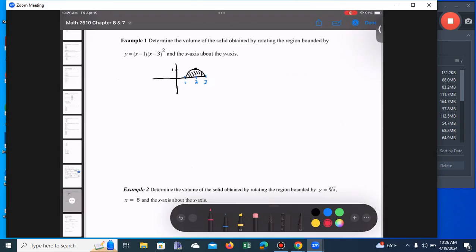And so if you think about it, all these rotate around like this, creating what looks like, I don't know, kind of a cake in a way. I'll draw this in 3D too.